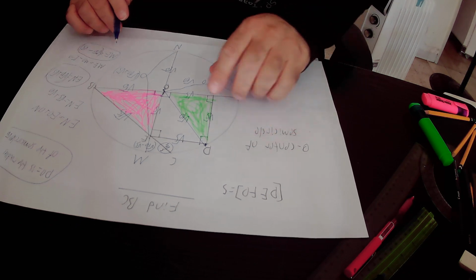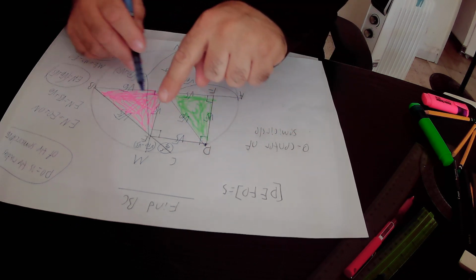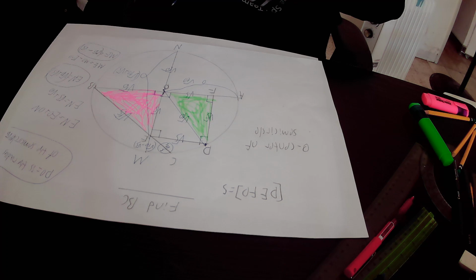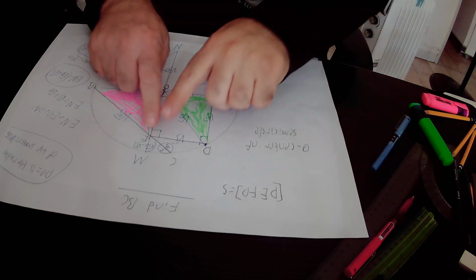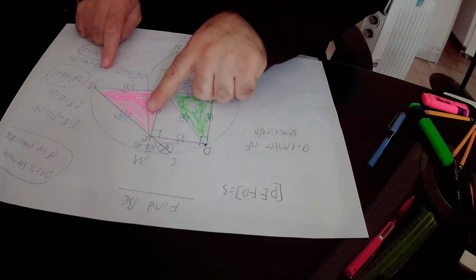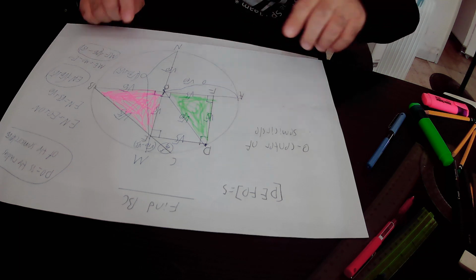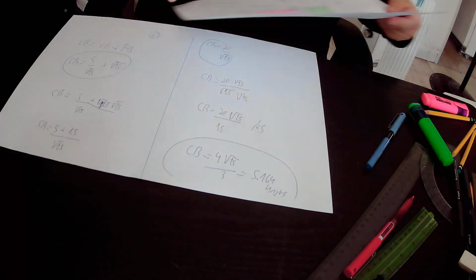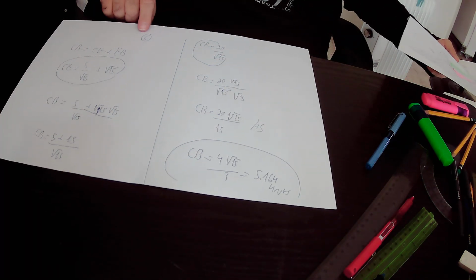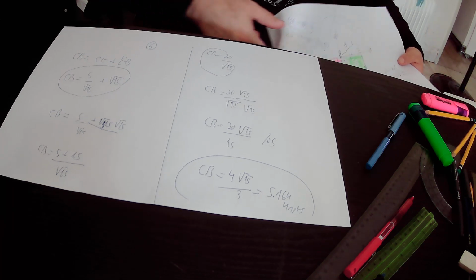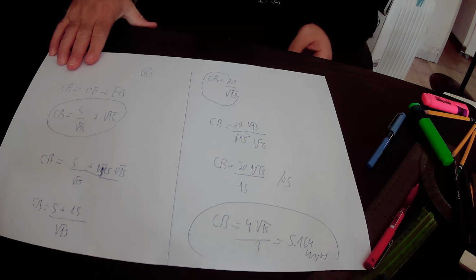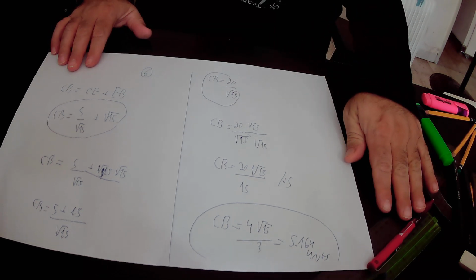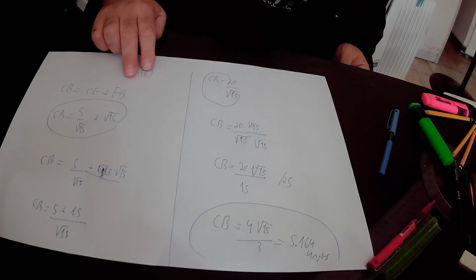And what is the length of chord CB, the chord that we are looking for? It's very easy to see from the drawing that CB equals CE plus EB.